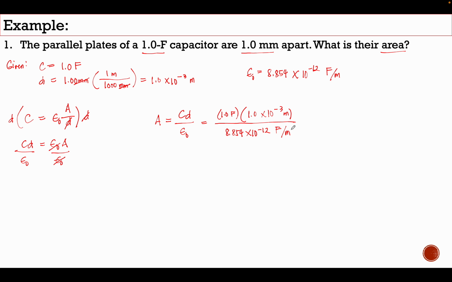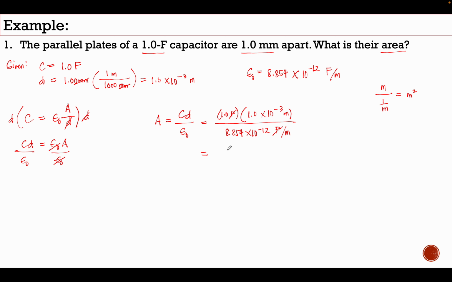Okay, so as you can see here, the unit farad will be cancelled out, and then we have right here meter divided by 1 over meter. So meter divided by 1 over meter is just equal to meter squared, which is the unit for the area of the capacitor. So for the area, our unit will be in terms of square meters.